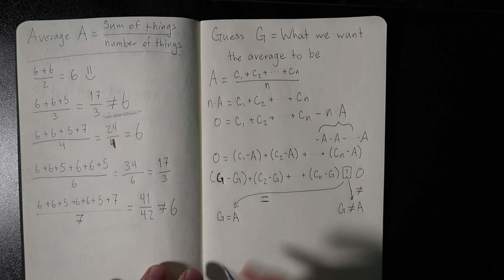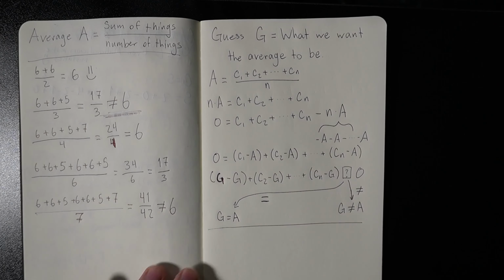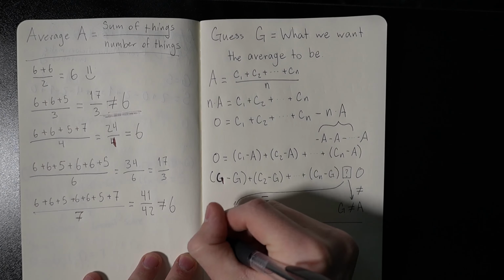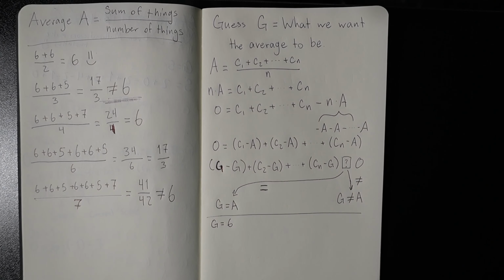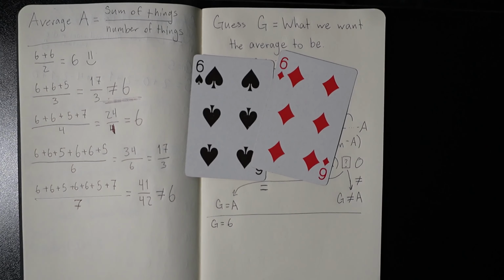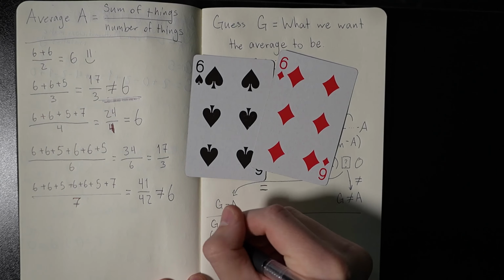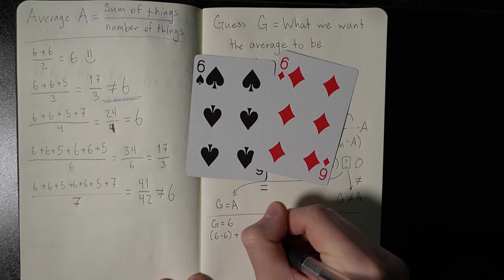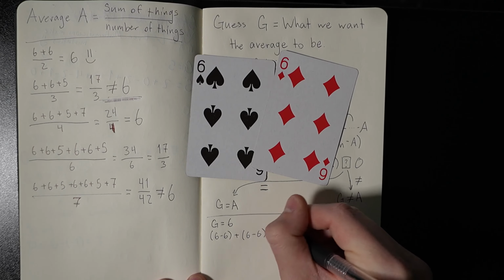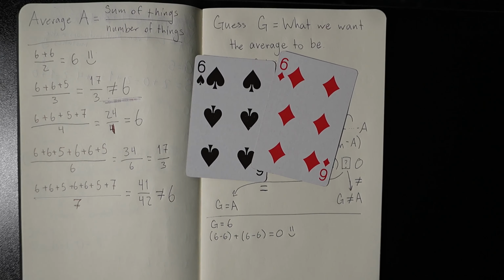Let's try this out on the same example as before. We'll say our guess is 6 because we want to know when the average of the discard pile is 6. And when the discard pile is only a pair of 6s, we do expect that average to be 6. True to our calculations before, 6 minus 6 plus 6 minus 6 does indeed equal 0.